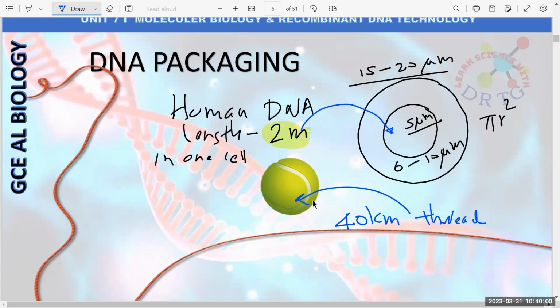How does the cell overcome this problem? The cell uses a method to compress the DNA molecule in a very systematic way. It is not a random process. If we take clothes and just push them into a bag, we end up with few clothes.